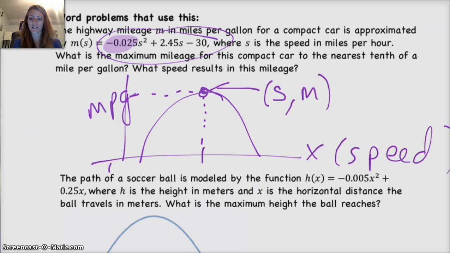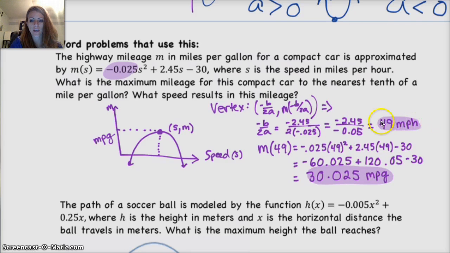So try it, check your answer. You're just trying to find the vertex. Since it's in standard form, you know it's negative b over 2a, so you can figure it out that way. So solve and you find the vertex is (49, 30.025), which means the speed at which the best miles per gallon happens is 49 miles per hour, and then the max miles per gallon is 30.025 miles per gallon.